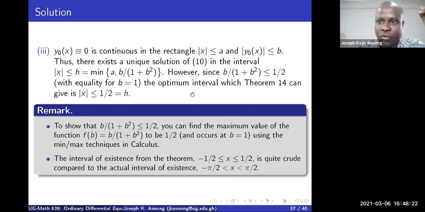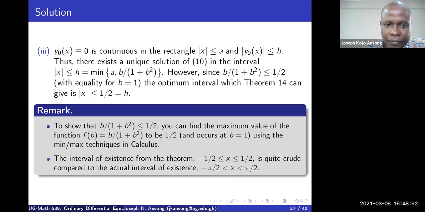Find the derivative, equate it to 0, get the critical points, and then you find where it is maximum. If you do that, you see that this function, which I'm calling f of b here, is maximum when b is equal to 1, and when b is 1, this is half. So it is a maximum of half, so it cannot be greater than half. That is how we get this. You can check it using the min-max techniques in calculus.